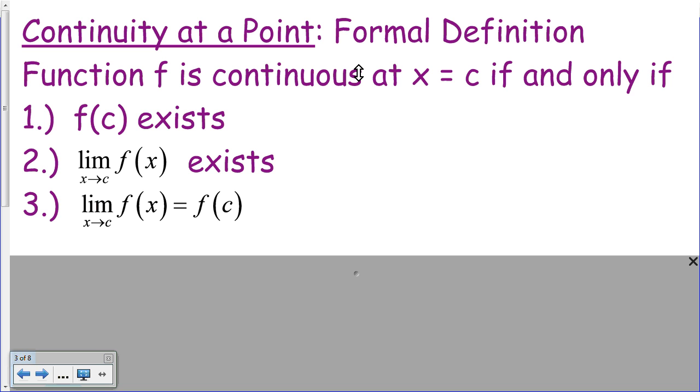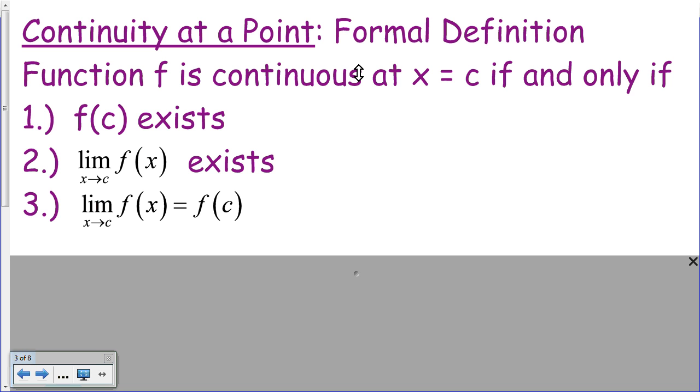For continuity at a point, the function f is continuous at x equals c if and only if the following three hold here. The first thing is that f of c exists. You saw in our examples on the previous slides that that first sketch we did with the removable discontinuity, as well as the last sketch with the infinite discontinuity, f of c did not exist.